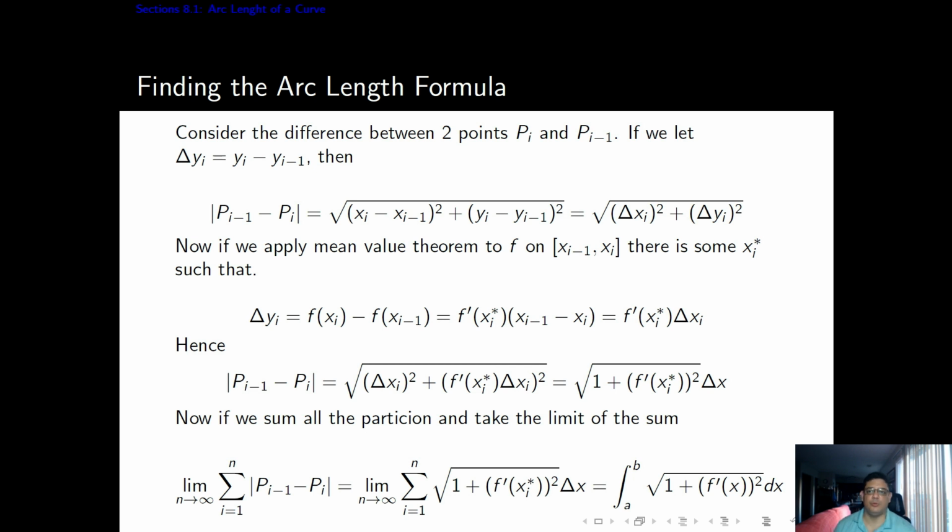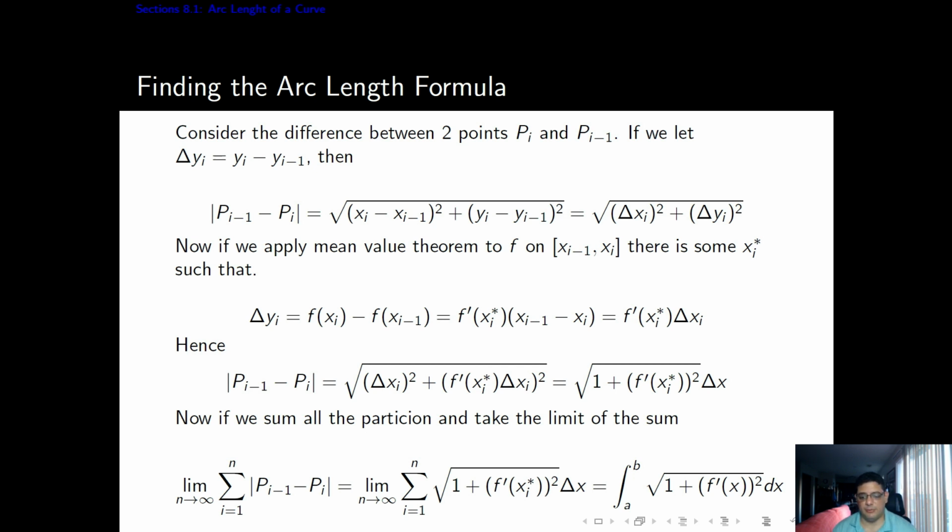Now, because we're doing the same steps that we do when we do integration, we're going to assume that we're dividing a lot. So when we're taking distance, we're taking distance between points that are very, very close. Then we take the limit as the number of partitions we make in the interval AB goes to infinity.